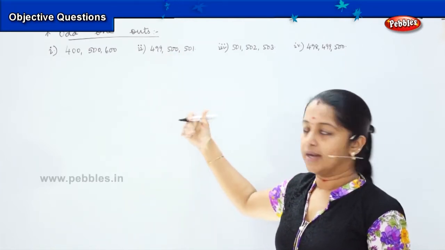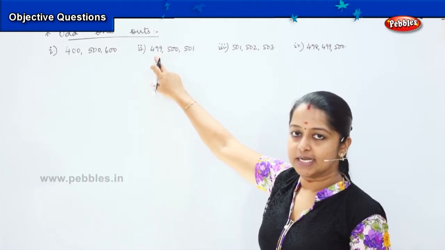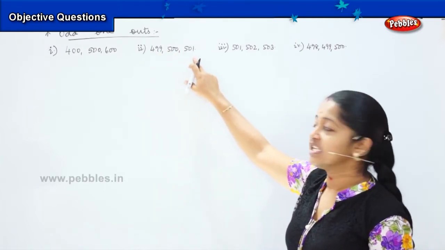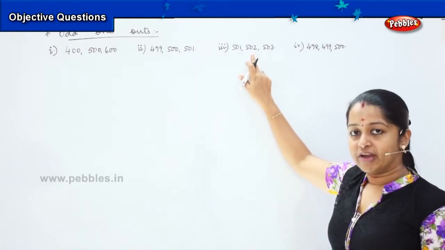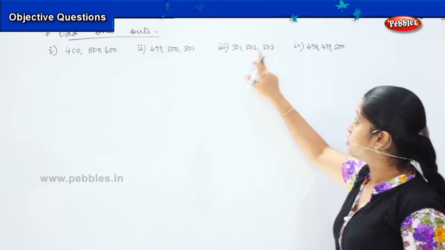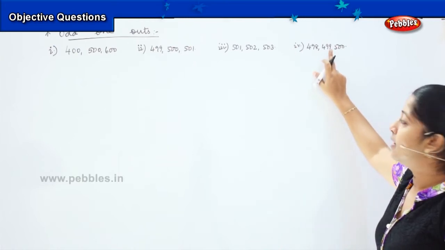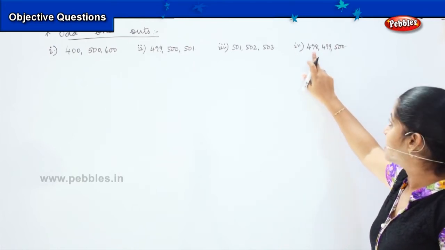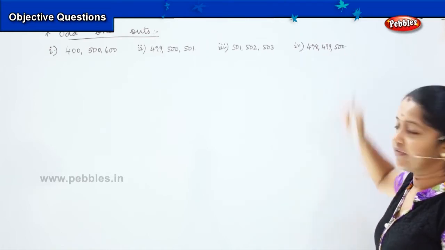They are all given a number before and a number after, succeeding and preceding by one. See here, the number before 500 is 499 and the number after 500 is 501. Similarly, the number before 502 is 501 and the number after is 503. Similarly, the number before 499 is 498 and the number after is 500.